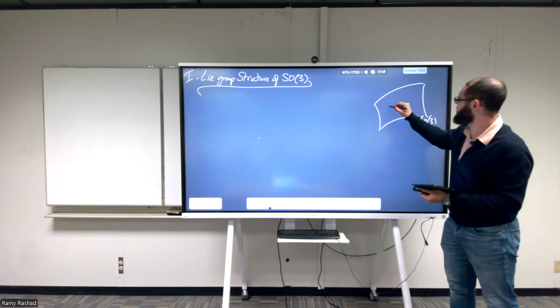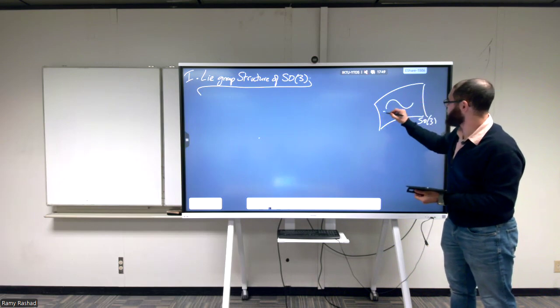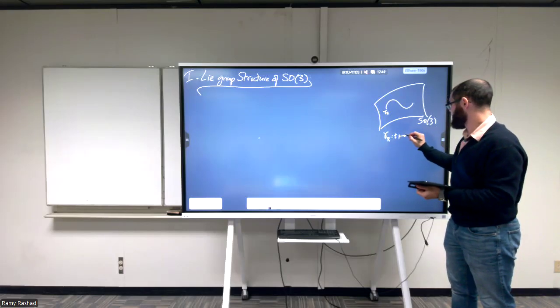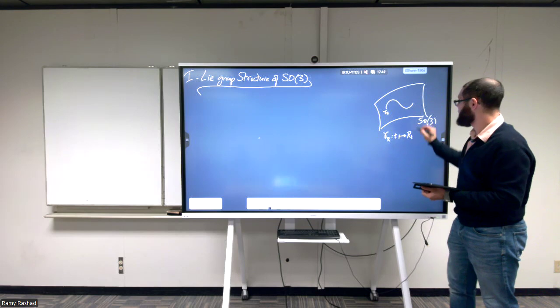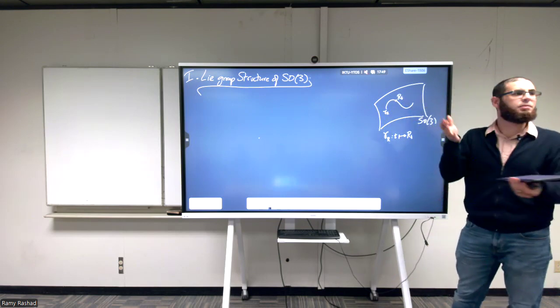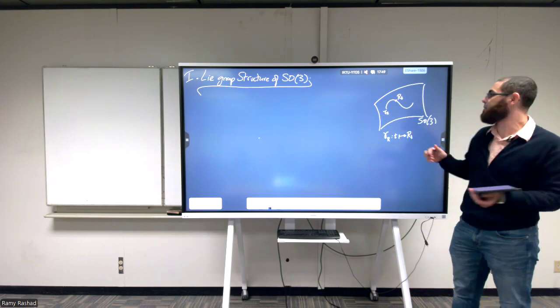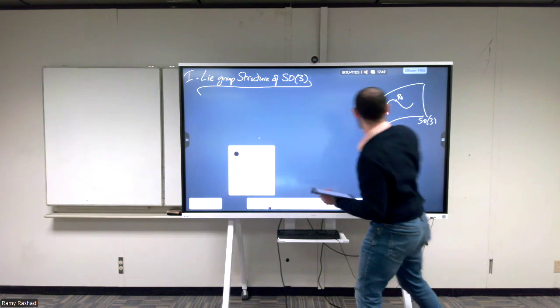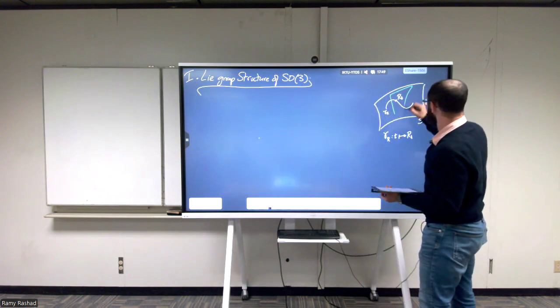So SO3 here has a curve on it. We call the curve itself gamma R, and gamma R will map any t to some R(t). So at this point, for example, this is the point R(t), for some t, again, 0, 1, 2, a, b, c. And then there's the tangent space to this point.